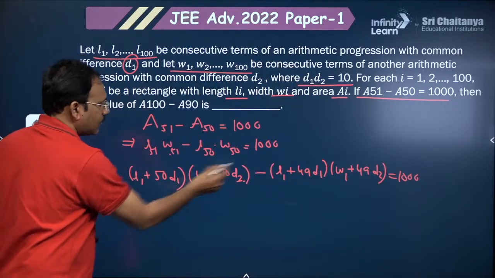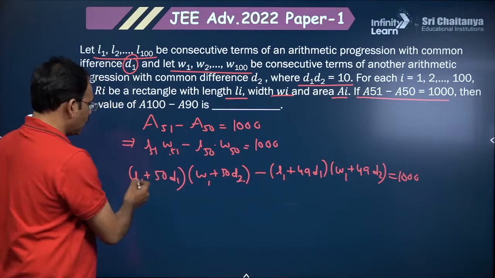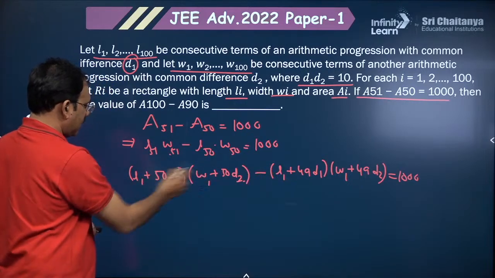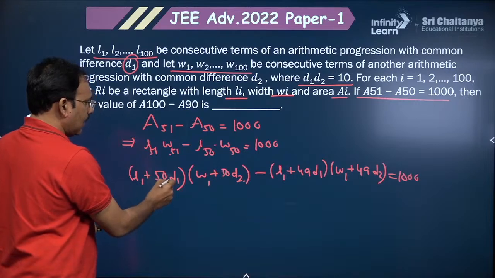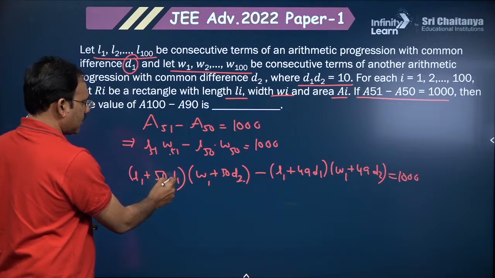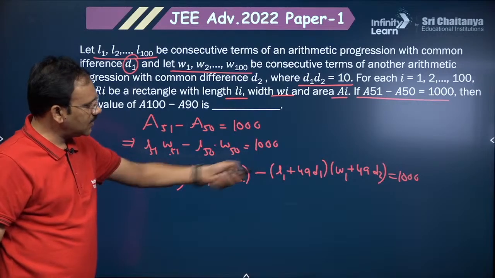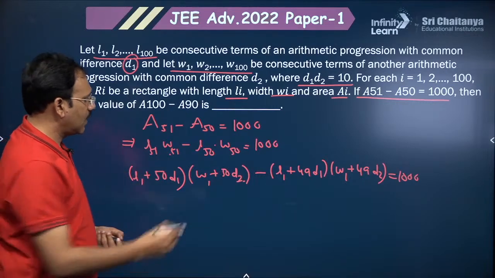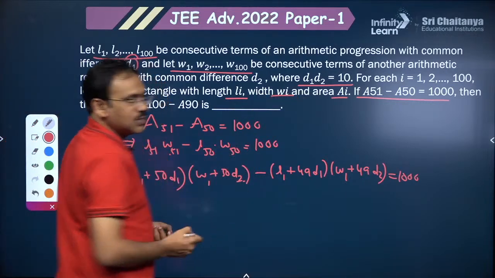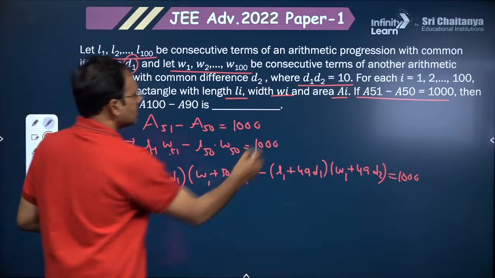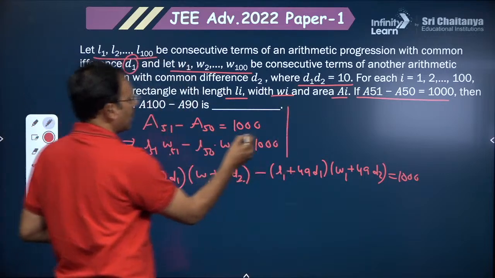You see, the L1 W1 terms get cancelled, so you will get 50 times L1 D2 and 50 times D1 W1. Similarly, you can also subtract and use the data D1 D2 is equal to 10. This is one expression. Similarly, you need this value now.